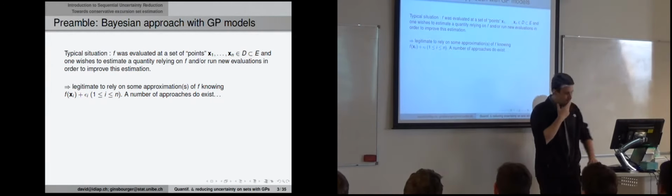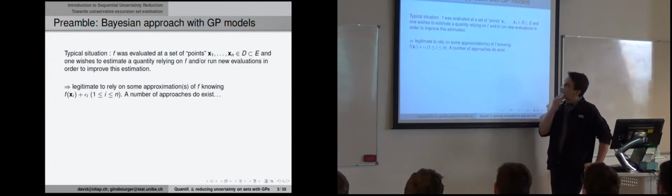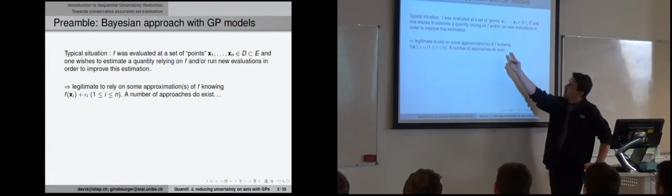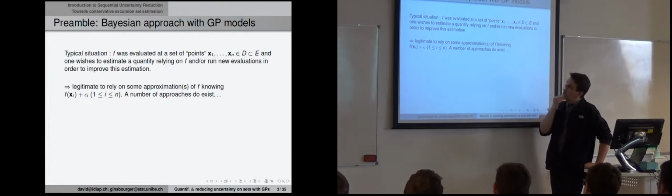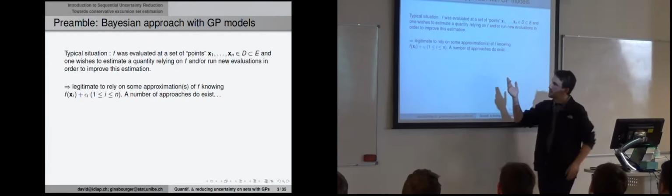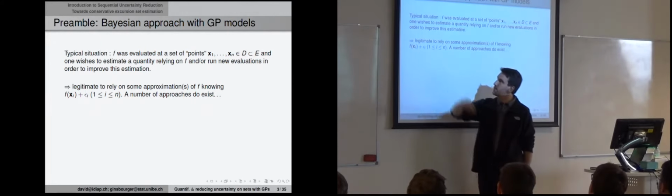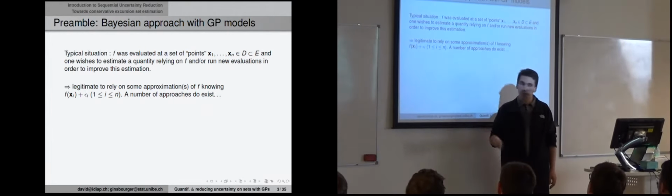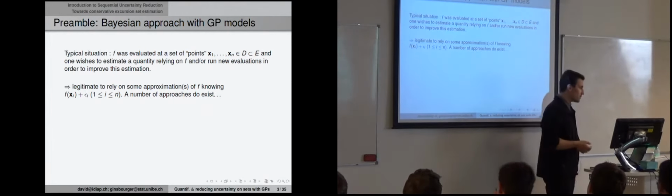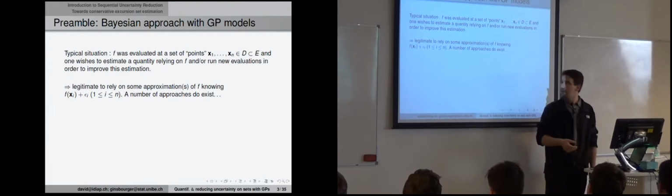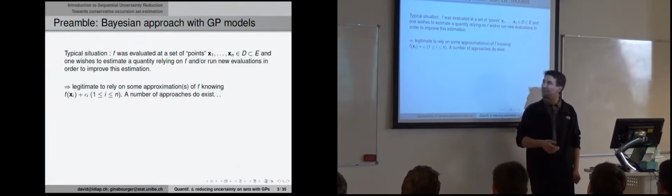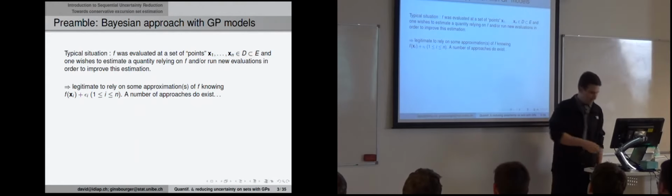And when you do that, it's legitimate to say that you need a model for f in order to proceed. And a number of approaches exist to approximate a function f based on noiseless or noisy evaluations of f at a few points. So this is basically scattered data approximation, or curve fitting, or machine learning, whatever.